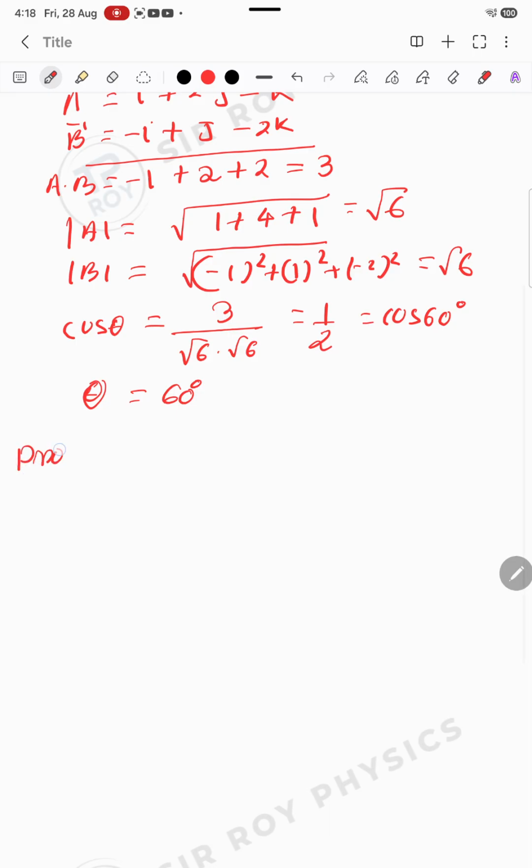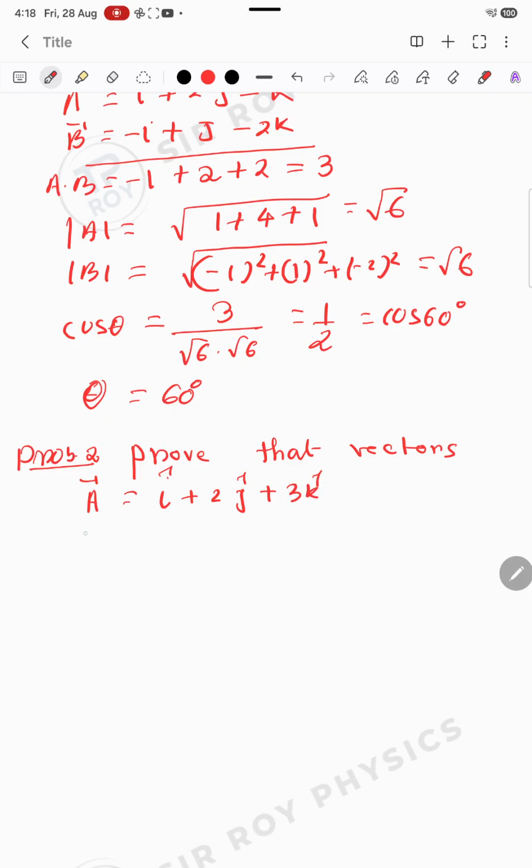Problem 2. Prove that the vectors A equal to i plus 2j plus 3k, B equal to 2i minus j are perpendicular.